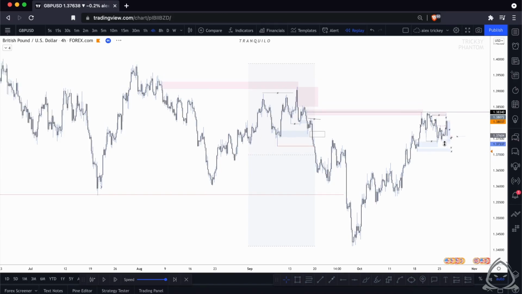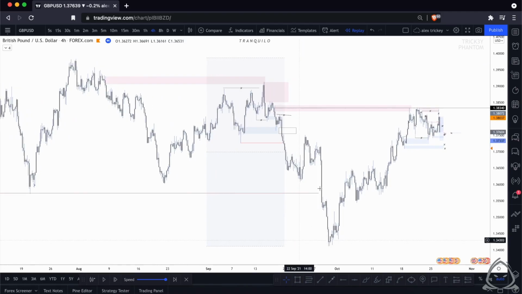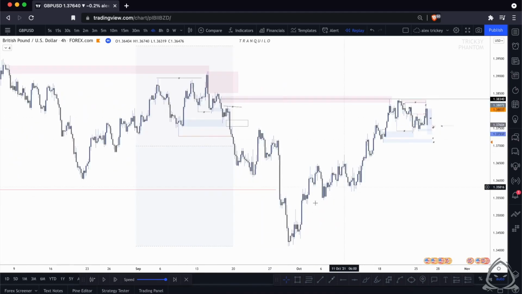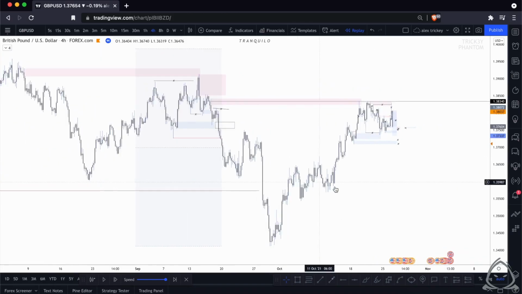and we can see this is the overall daily leg. We've got the premium discount of this daily leg, and we can then look for potential zones within this daily premium, in terms of the 4-hour and the 15-minute. Coming back up into these prices, we were putting in 4-hour bullish internal structure. The question is, what is the purpose behind this bullish push?